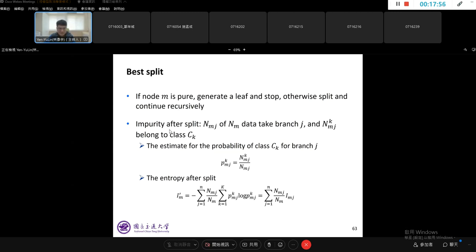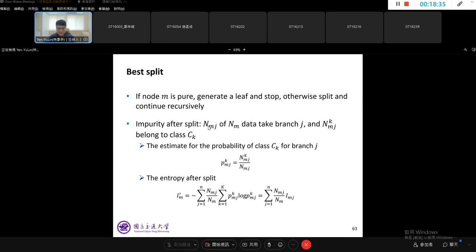Let's look at some notation when we need to have a further split of data in node M. As mentioned in the previous slide, we know M_M is the number of data points belonging to node M. Since this is a decision node, because this node is not pure, we need to further split the data set into several branches. So let's look at the situation for each branch J.